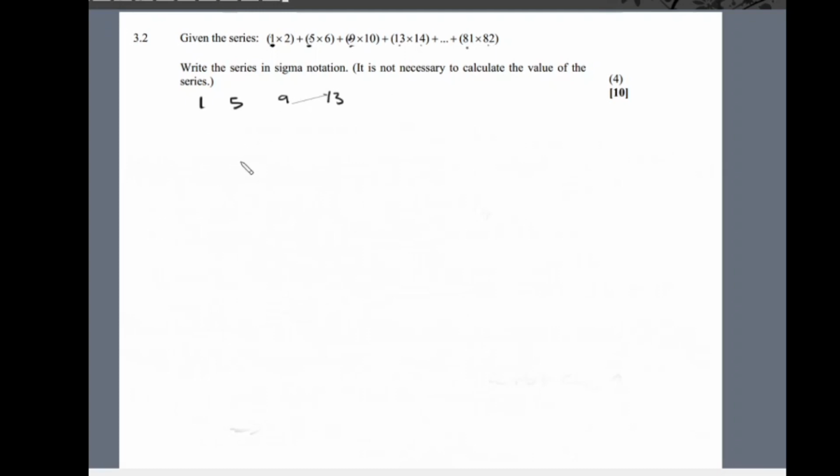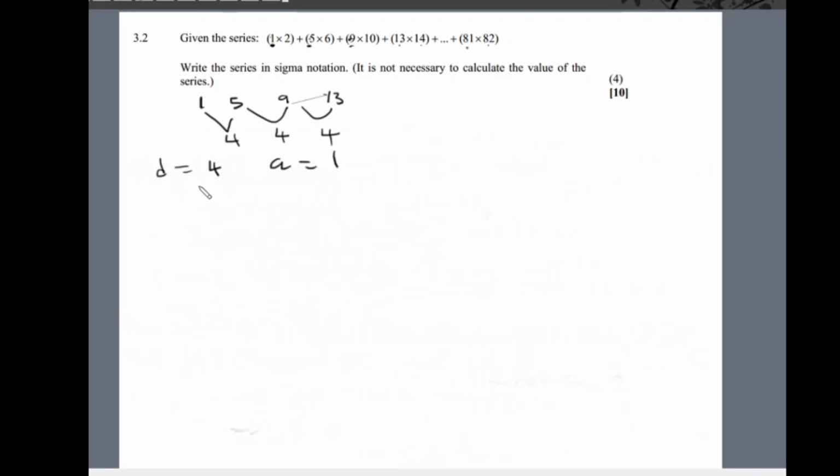And so on. So now notice these numbers to the left of the multiplication sign form an arithmetic sequence with a common difference of 4, and the first term is 1.